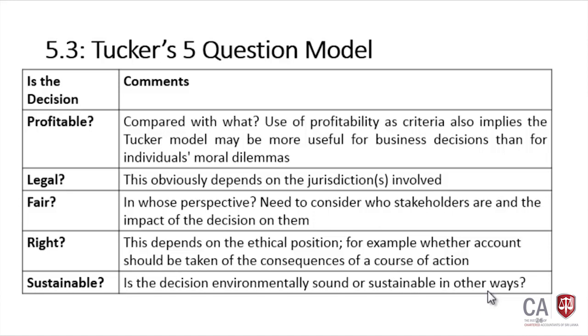The legal, second you look at whether it is legal, whether your decisions adhere to the law. Third one, is it fair? Is taking such a decision fair, right. Then is it right? This depends on the ethical position. Is such a decision right? Then the fifth one is sustainable. Is the decision environmentally sound or sustainable in other ways?